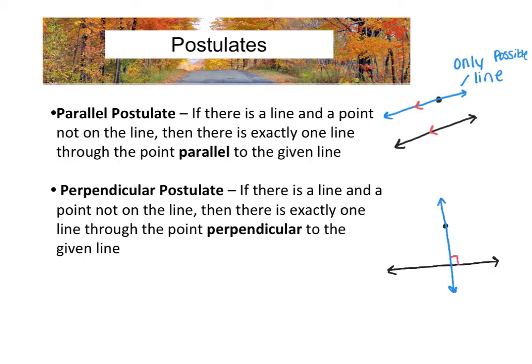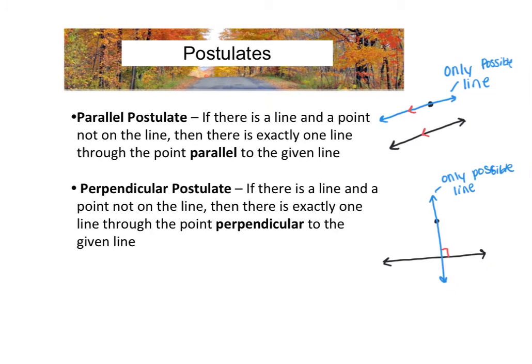There's only one possible line. Any of the other lines that you could think of would form an angle, but it would not be a 90-degree angle. There's only one solution there.